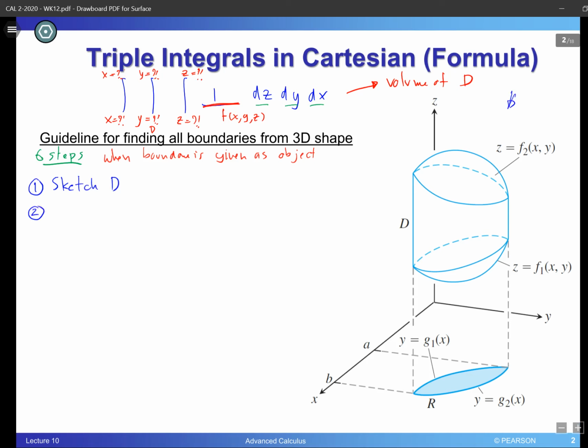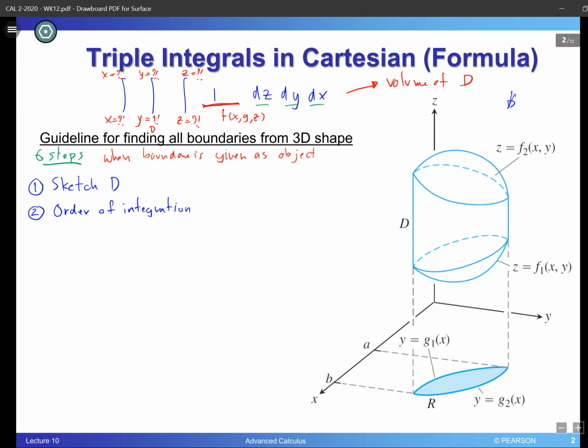So we are going to move to the second step. All right. We need to determine the order of the integration. And as I told you, there is no right or wrong when it comes to dz, dy, dx or other orders. So you have to pick one in the beginning. It's based on your experience.